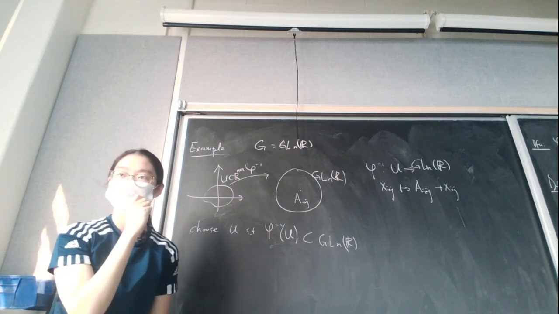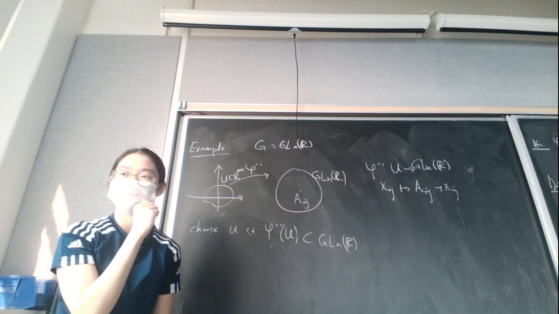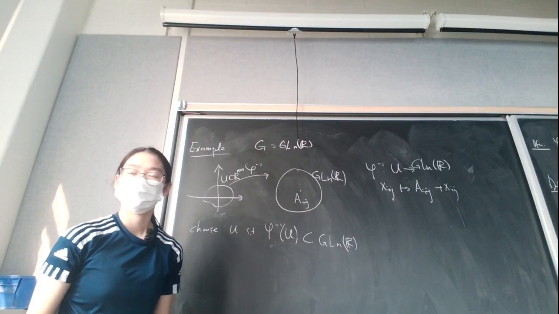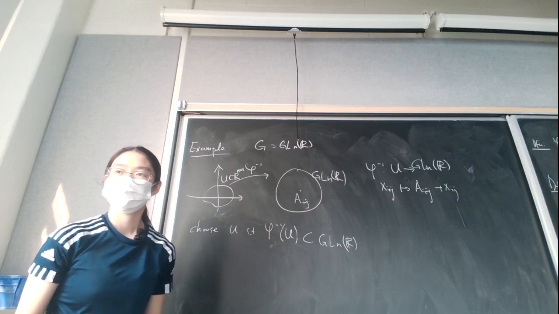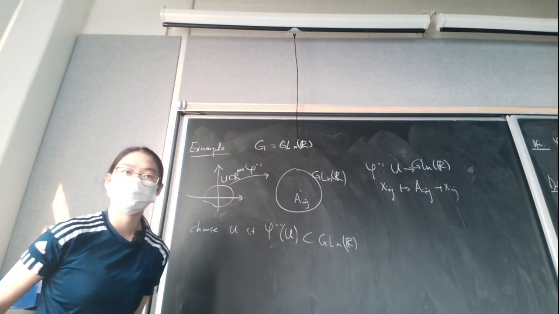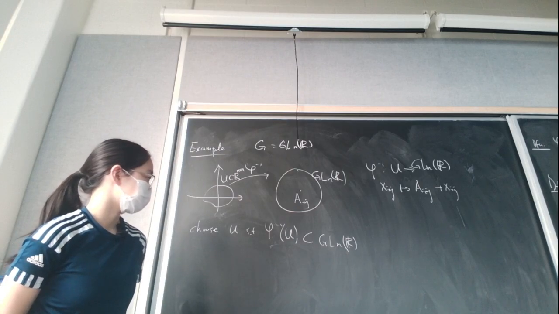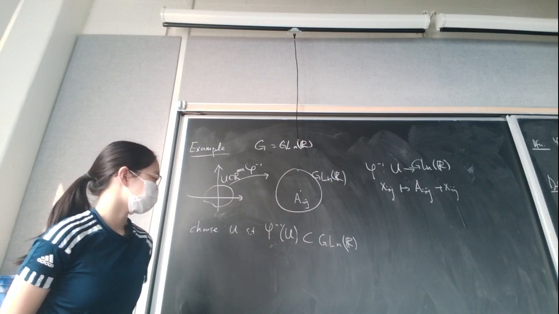We don't really know the chart for GL_n(R) because it's not trapped. It's open inside the vector space alone. But you're doing some sort of translation.